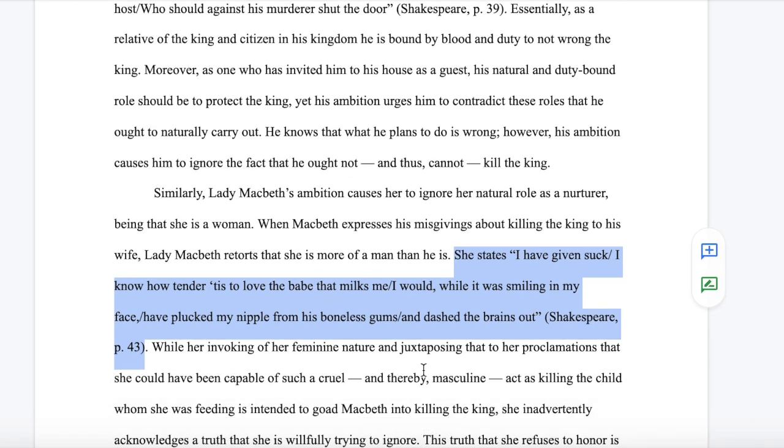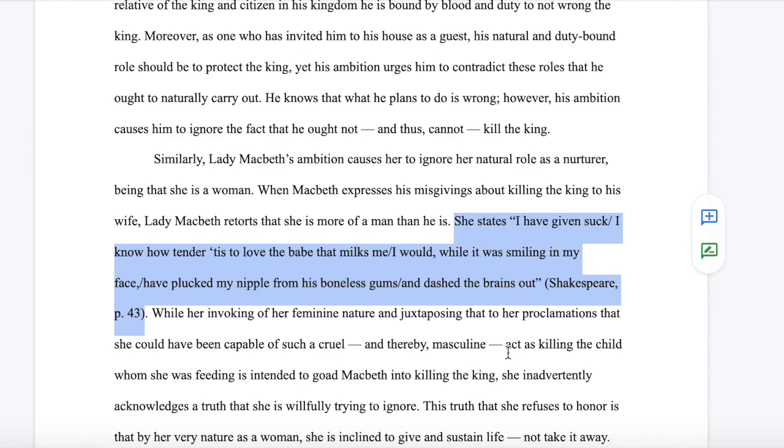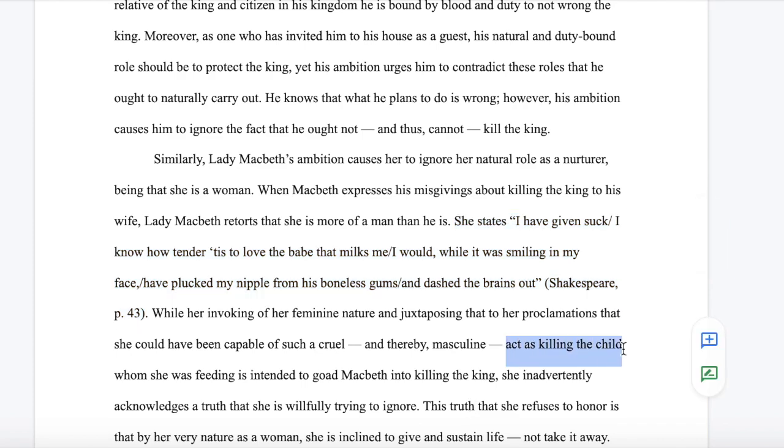I then provide an analysis of this and also an explanation at the same time, because my explanation is right over here. I say that she's killing a child, but I also relate it back to my original claim, all at the same time.